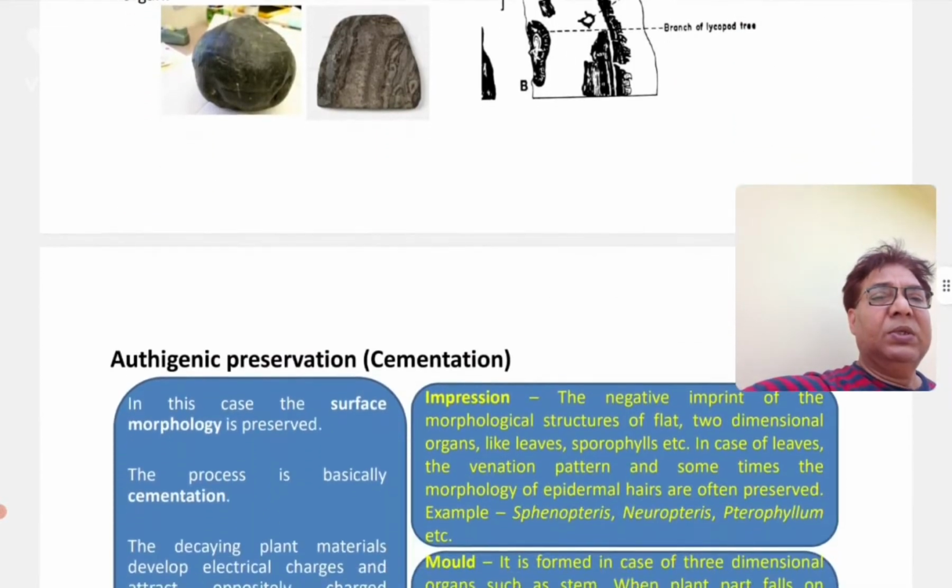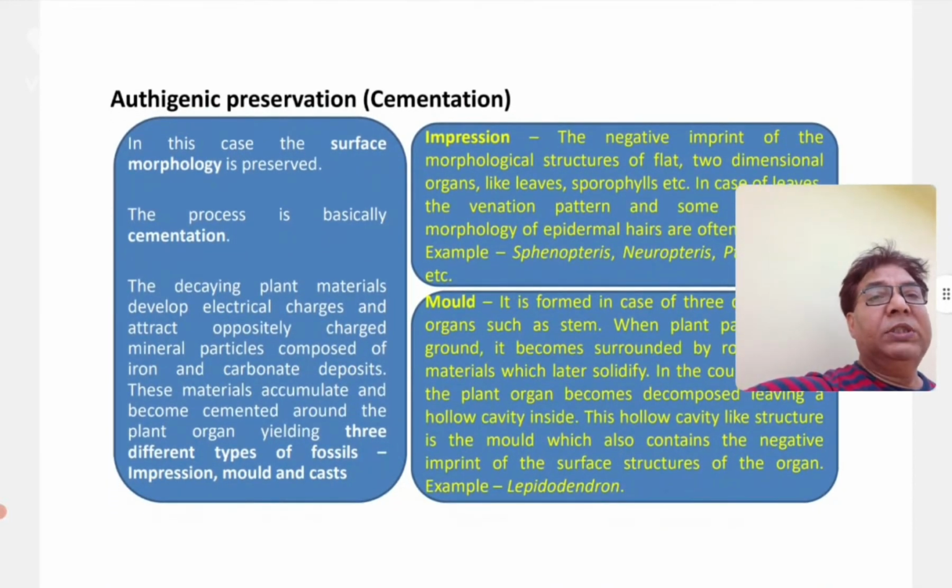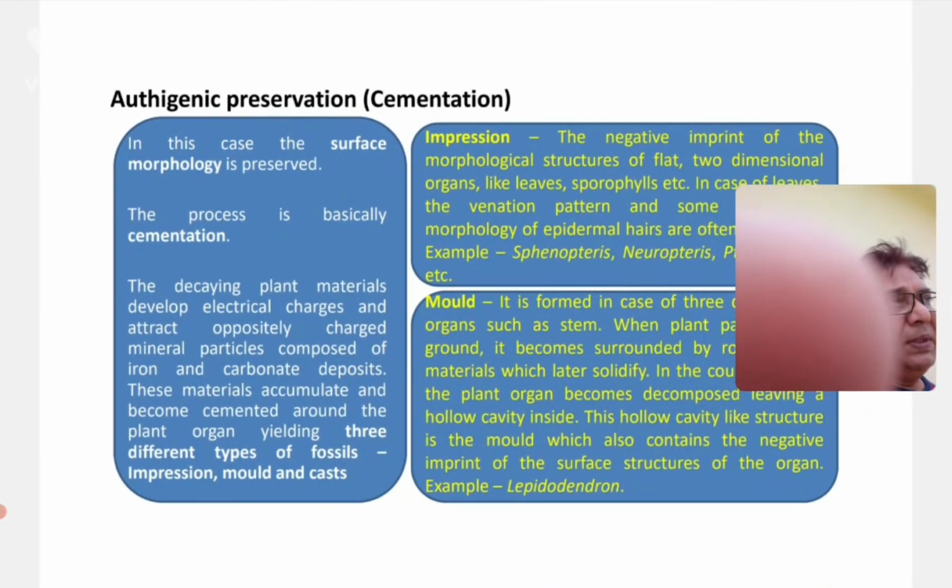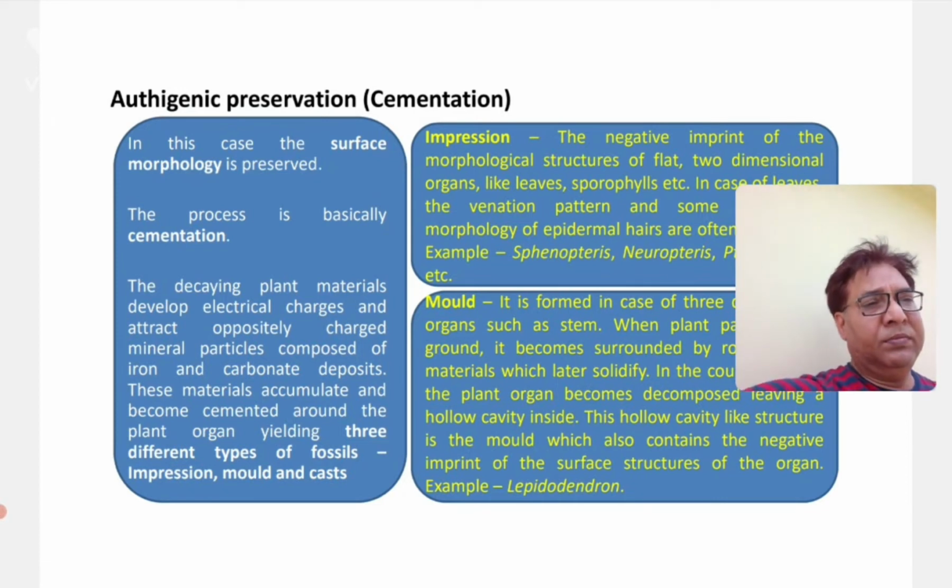Now talking about orthogenic preservation, or cementation. It's basically cementation, and it preserves the surface feature only. Here you don't get any cellular detail, nor any carbon material of the plant or animal, whatever the organ may be.